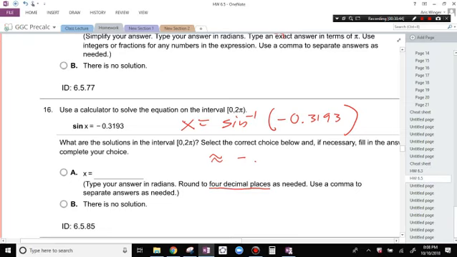Negative 0.3250. Yeah, because it was rounded.